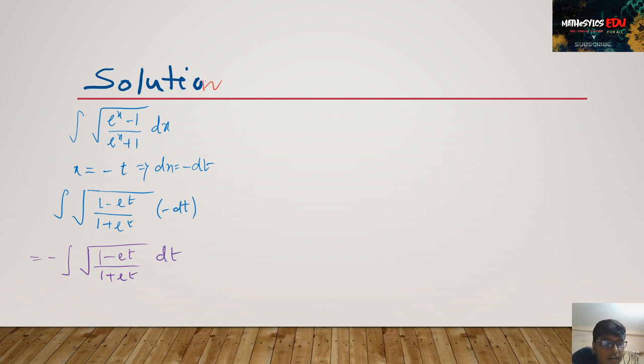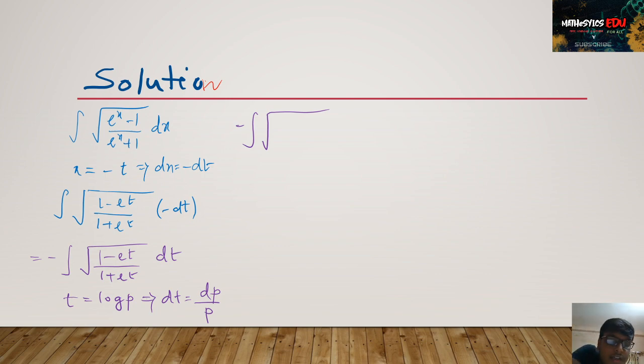Now let me take t equal to log p such that dt is nothing but dp by p, right? If I make this substitution, the advantage is that I am going to get rid of the exponential and reduce it to some algebraic rational terms. Okay, so see it.